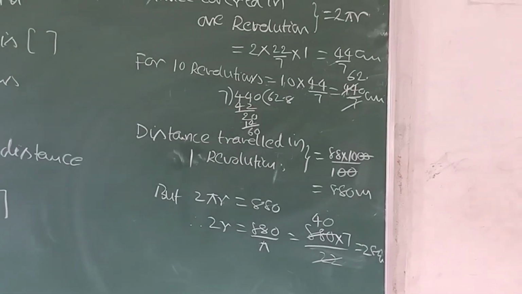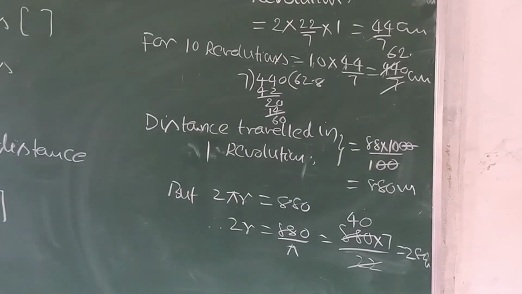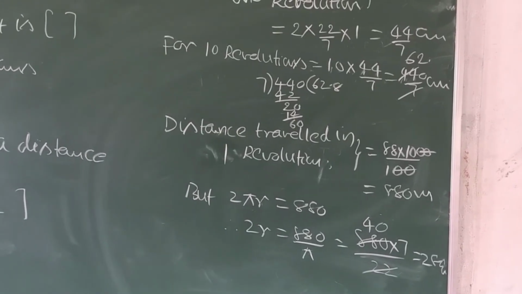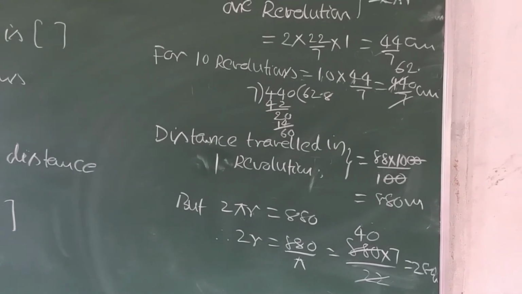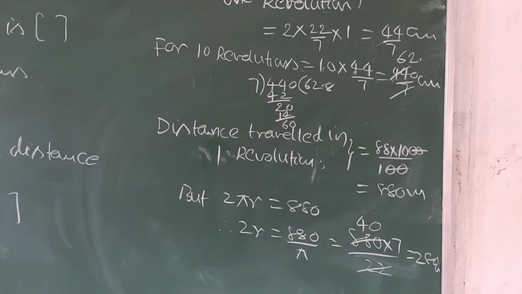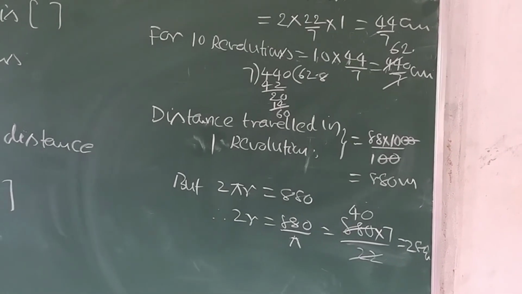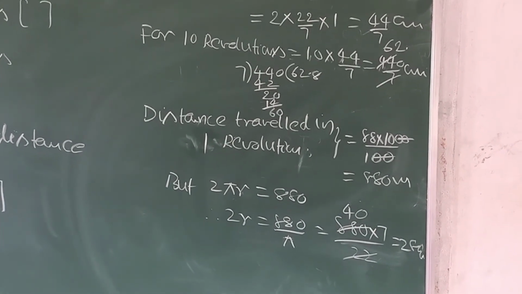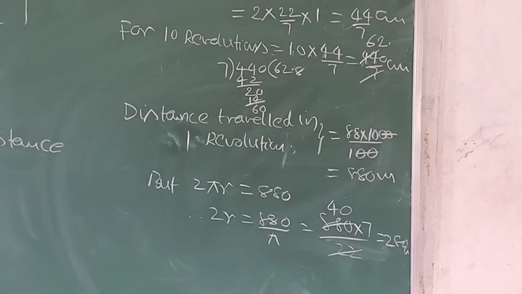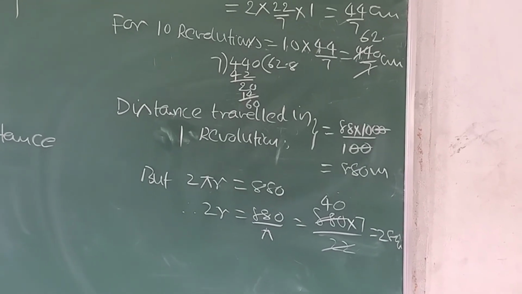So let us discuss this problem again. The distance travelled in one revolution can be obtained by dividing the distance travelled in 100 revolutions by 100. You will get 88 into 1000 by 100, which is equal to 880 meters.